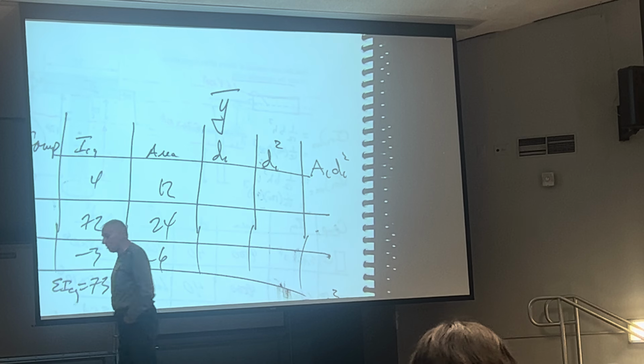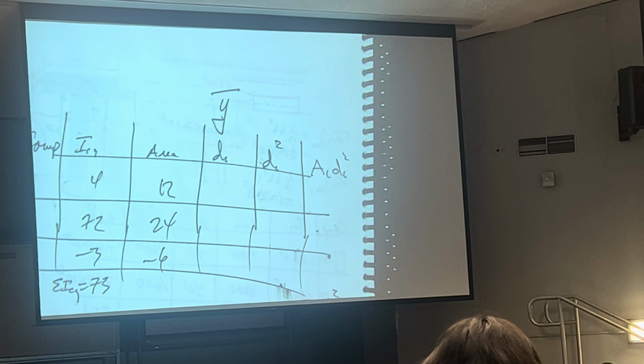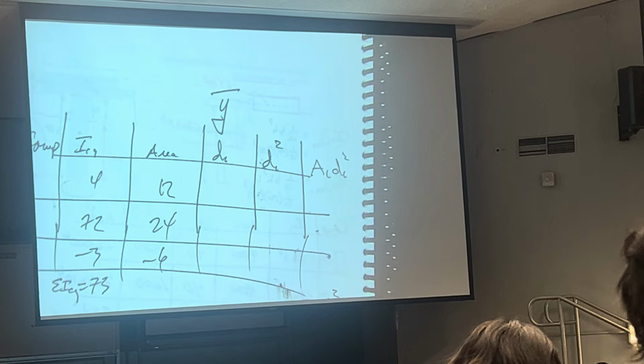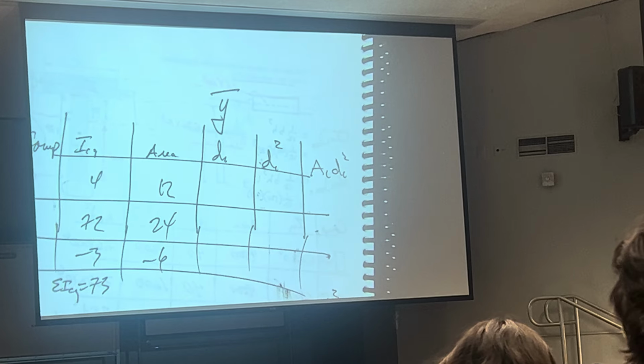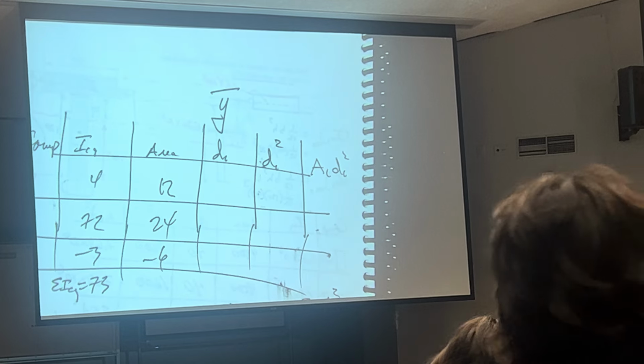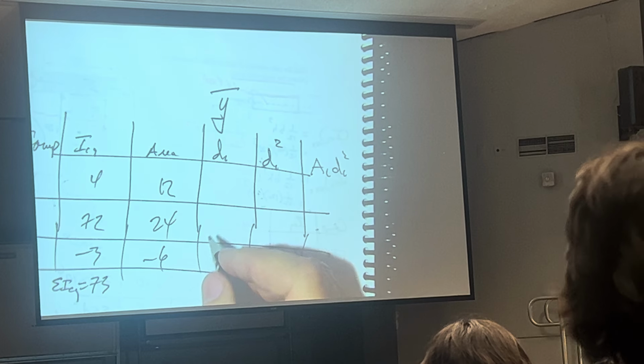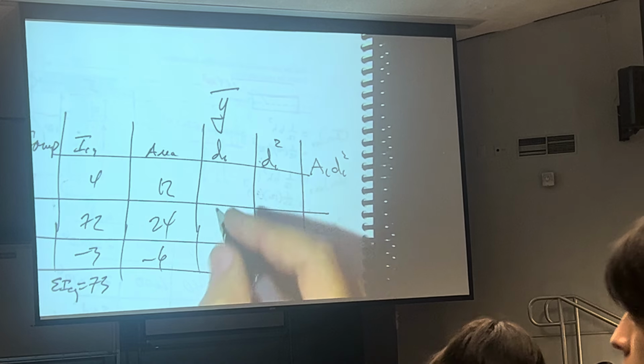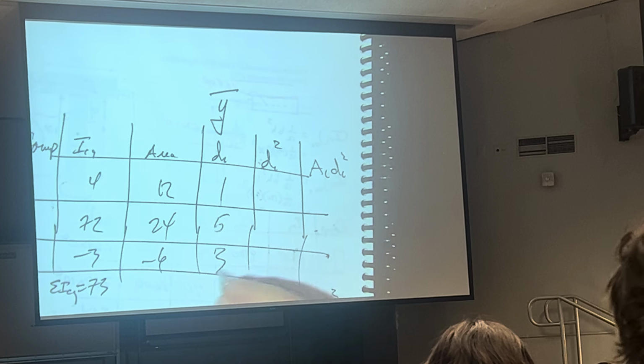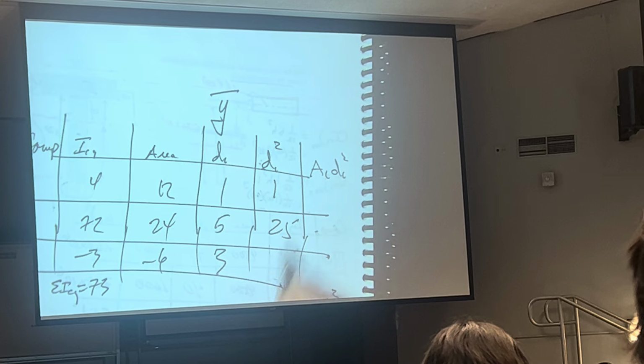Somebody tell me what my y bars are. Go back to the centroid. Tell me what my y bars were. I need that. Anybody got them? Come on, time's running now. 153. This is easy. 125, 9.